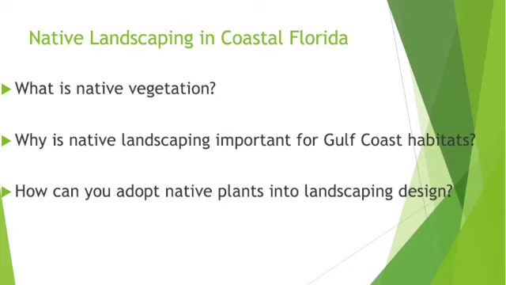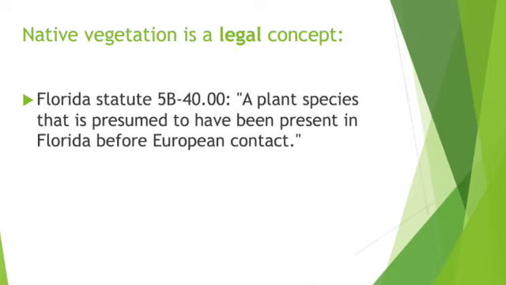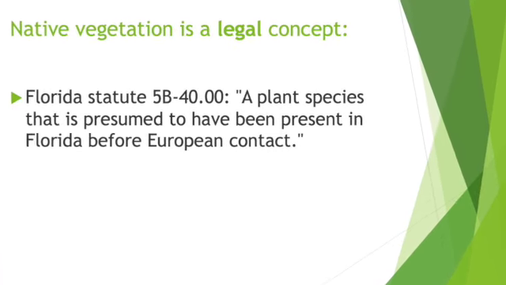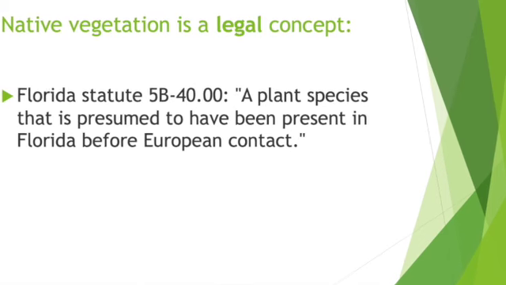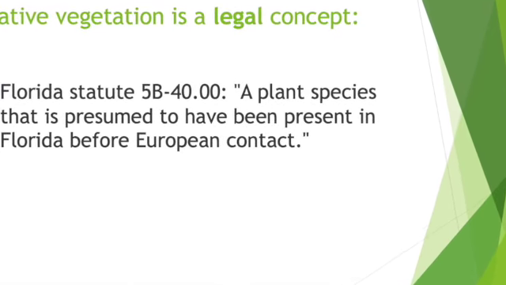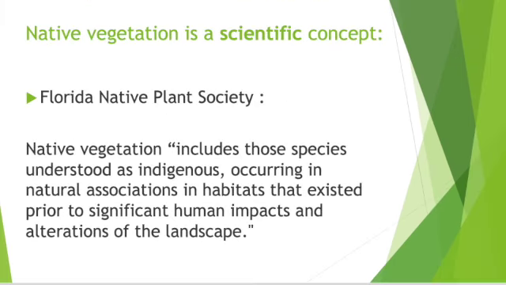What is native vegetation? Native vegetation is a legal concept. According to Florida Statute 5B40, native vegetation is a plant species that is presumed to have been present in Florida before European contact. Native vegetation is also a scientific concept.